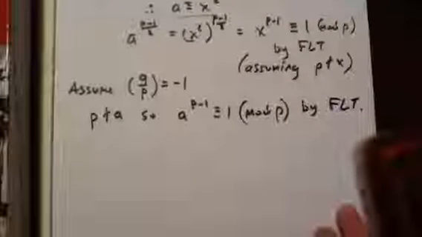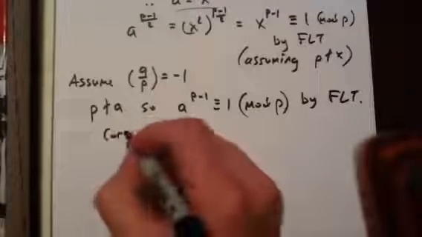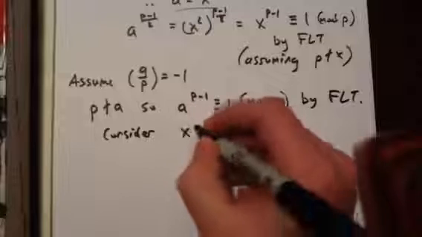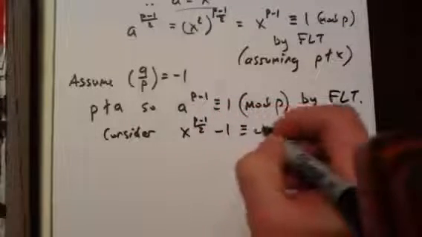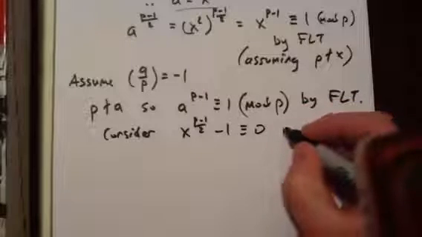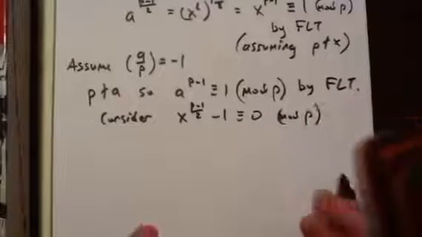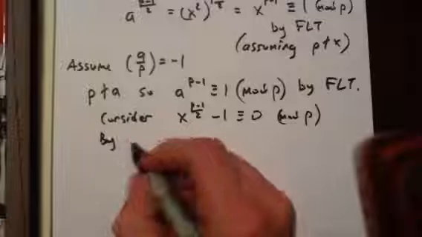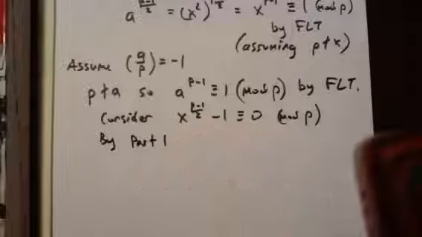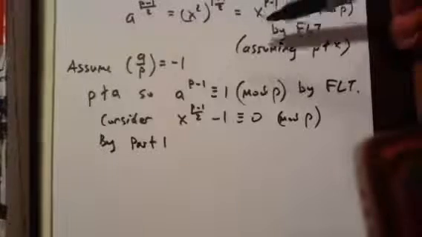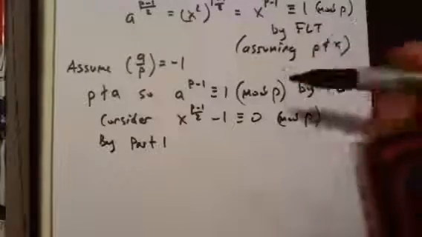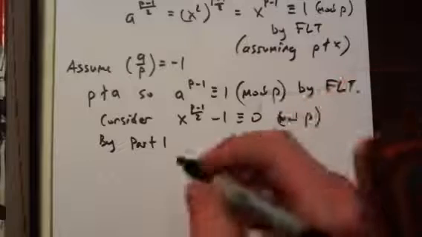And now let's consider the equation x to the p minus 1 over 2 minus 1 is congruent to 0 mod p. By part 1 above, we showed that all of the solutions to this equation are quadratic residues.